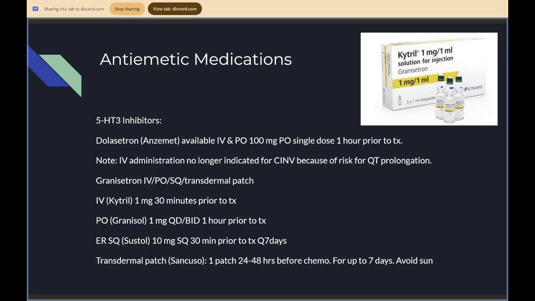The extended release sub-Q brand name is Sustol, 10 milligrams sub-Q 30 minutes prior to treatment, every 7 days, excuse me. And the transdermal patch brand name is Sancuso, one patch 24 to 48 hours before chemo for up to 7 days, and avoid the sun.